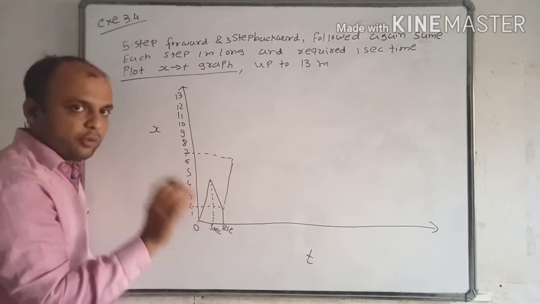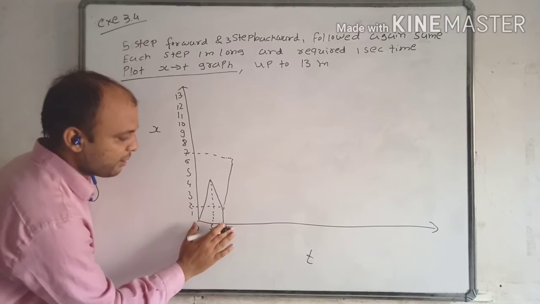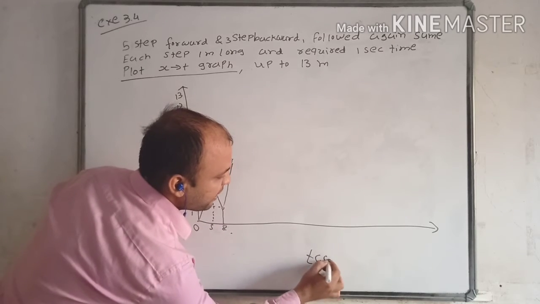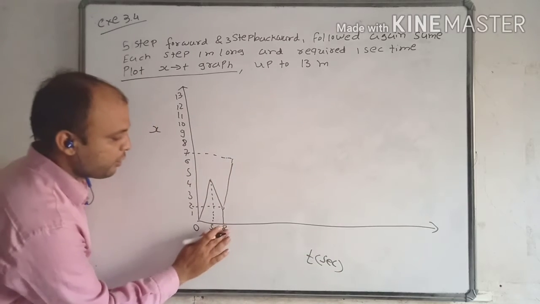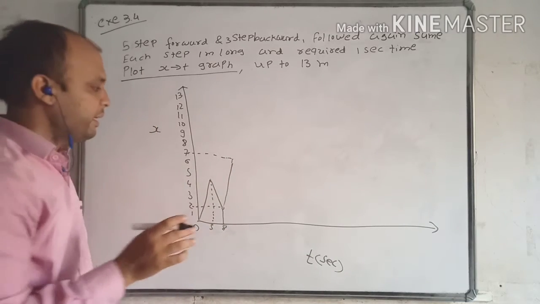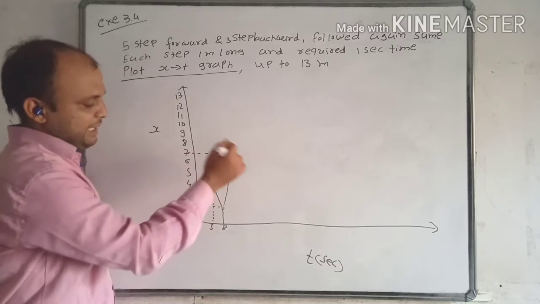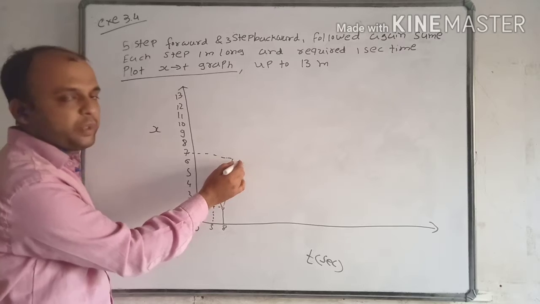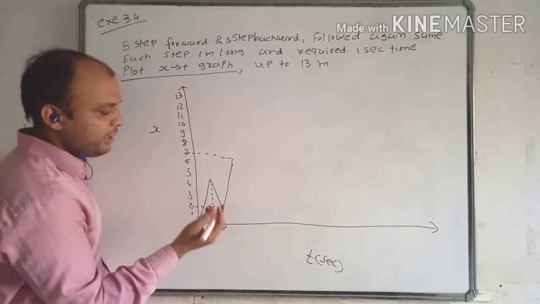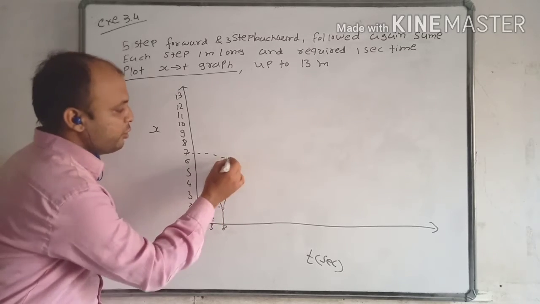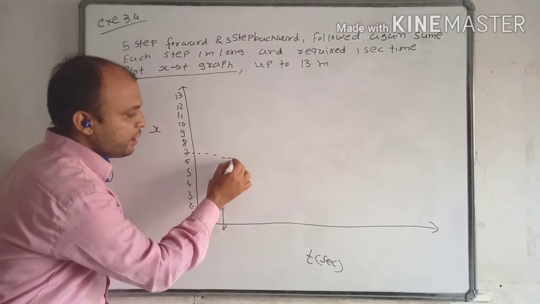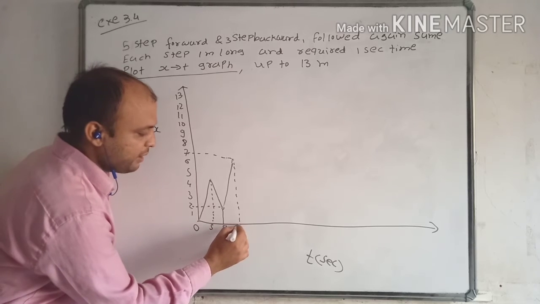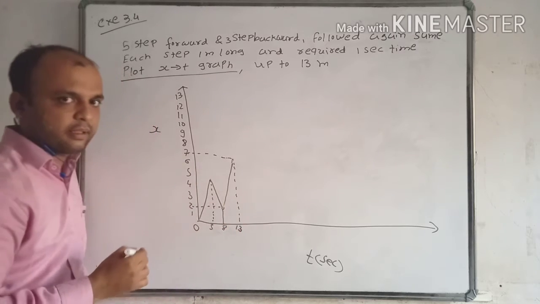He required 5 seconds from 8 seconds, so on reaching 7 meters he takes 8 plus 5, that is 13 seconds.